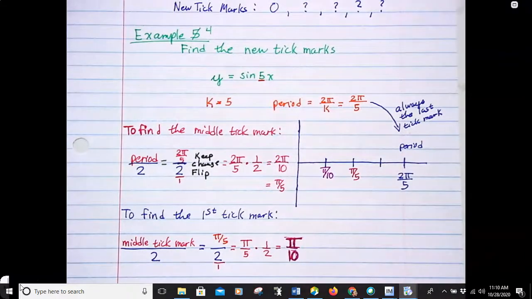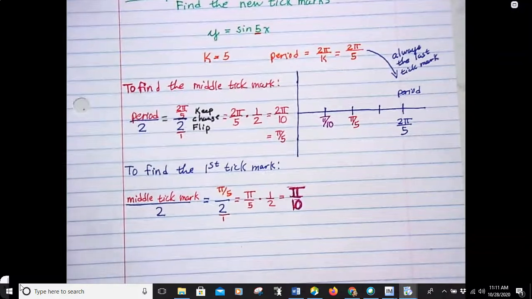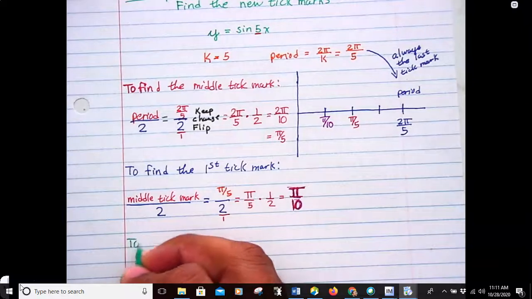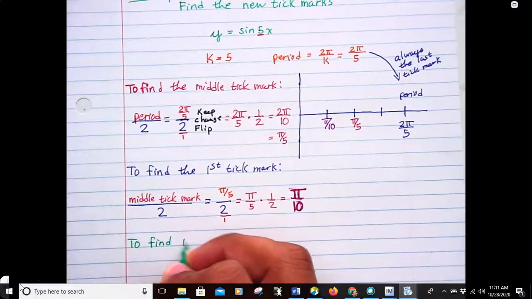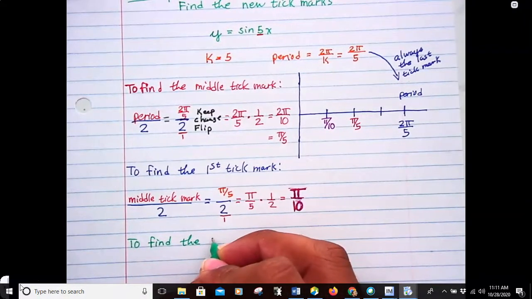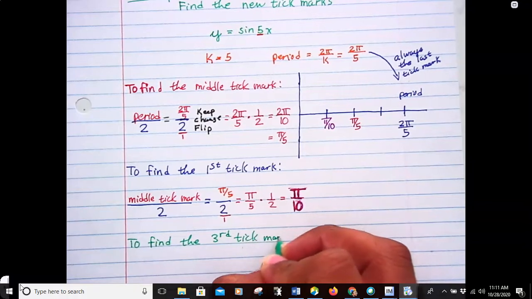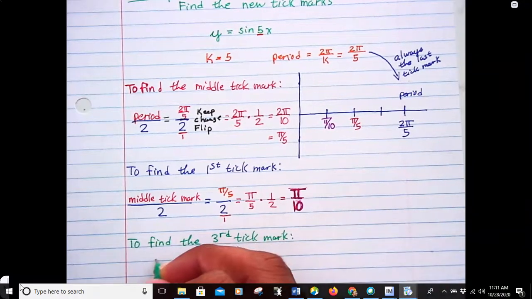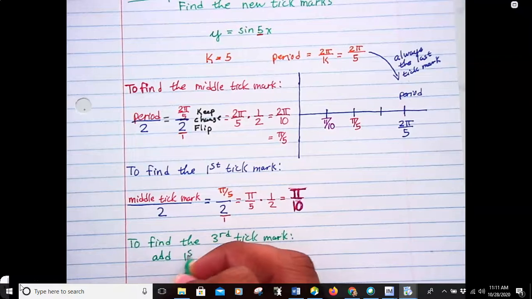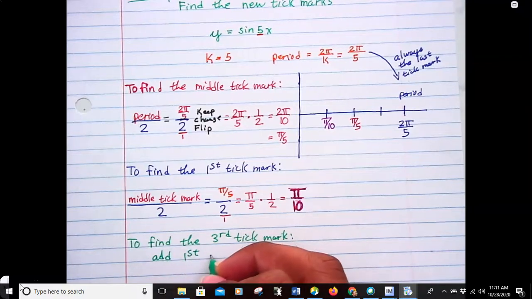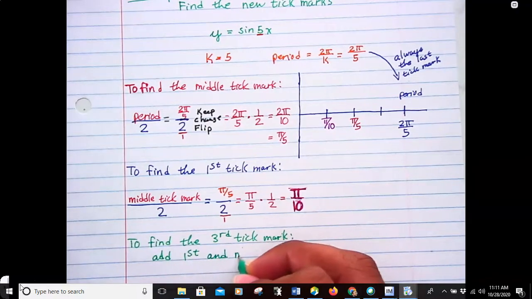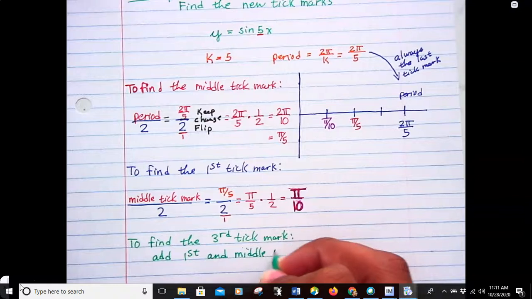All right, so for the last tick mark, we're going to add up the first and the second one. Oh, the third tick mark. We're going to add the first and middle tick marks.